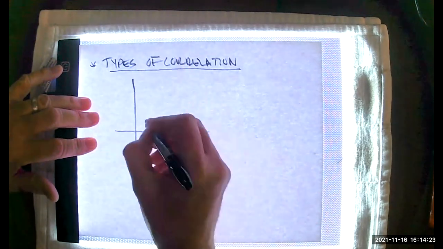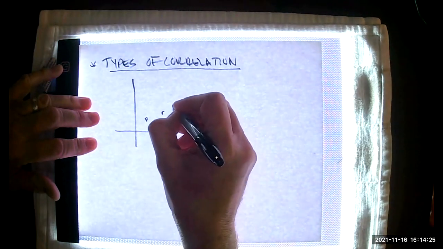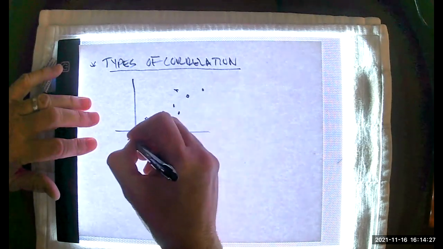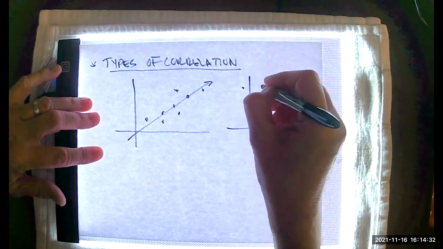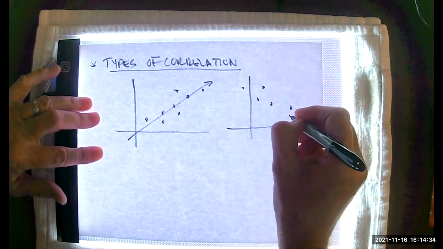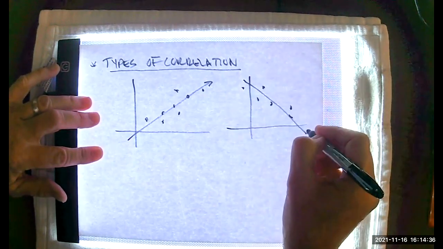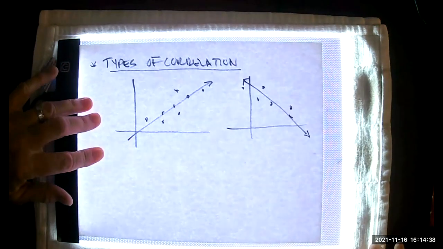Correlation can be essentially positive. It can be negative in the sense of the slope of a line.